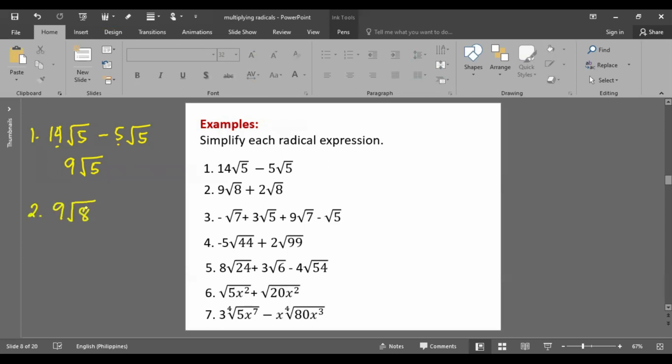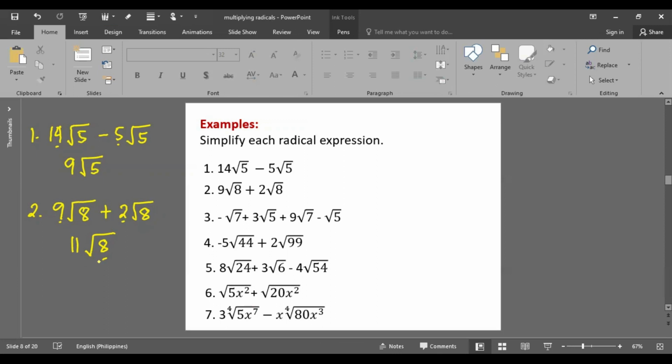9 the square root of 8 plus 2 the square root of 8. So we are asked to add these two radical expressions. So 9 plus 2 is 11, then copy the square root of 8. Now if you look at the result, 11 the square root of 8, we can still simplify the square root of 8 because 8 has a factor that is a perfect square.